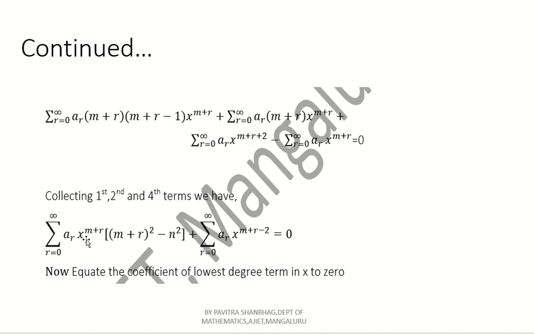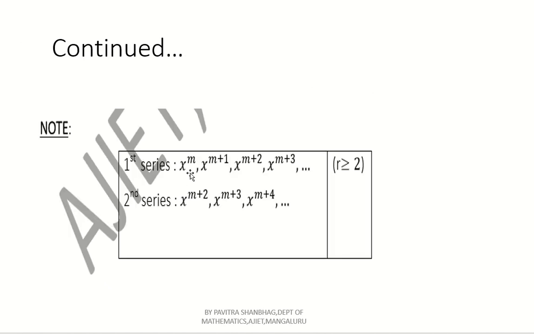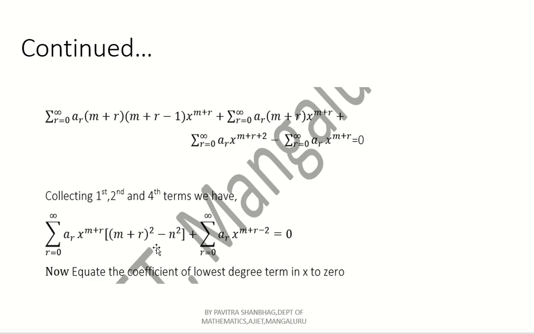Put r equal to 1, you will get x^(m+1). So the first series is in that form, as we have given here. For the first series it starts from x^(m+1), x^(m+2), x^(m+3) and so on, where r is greater than or equal to 2. Now what about this one? Put r equal to 0, it will give us x^(m-2).